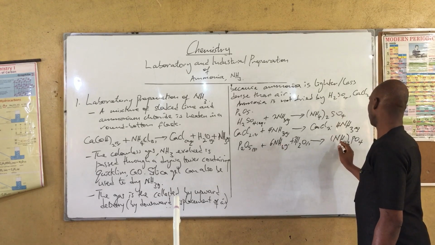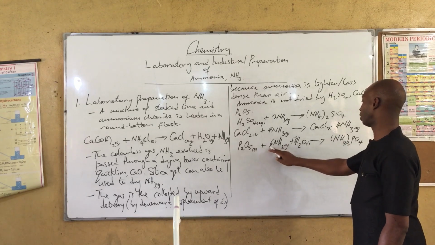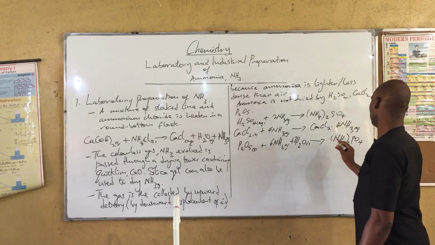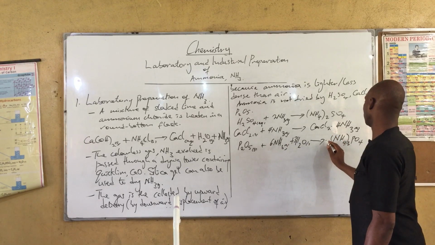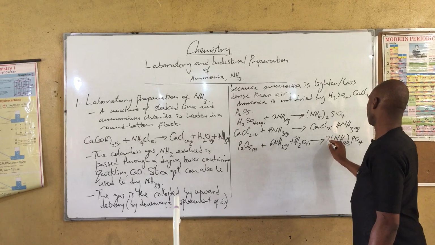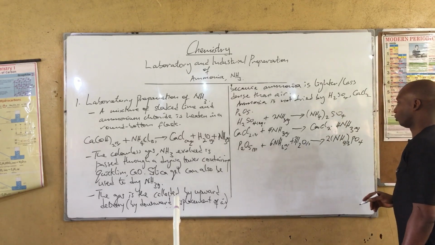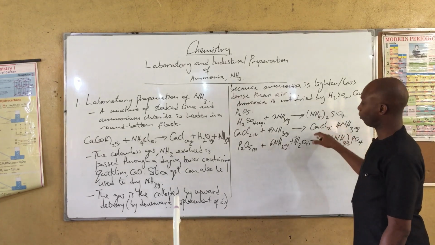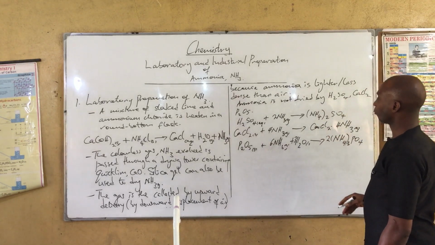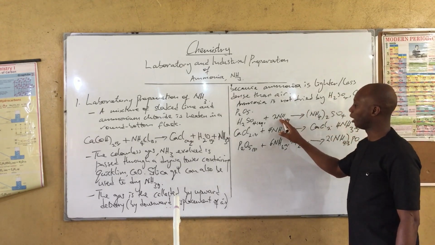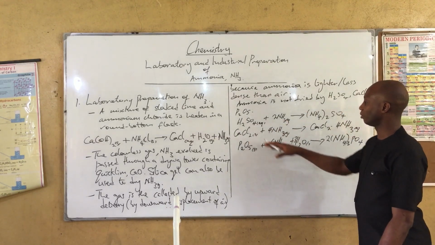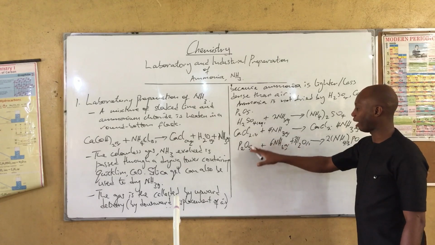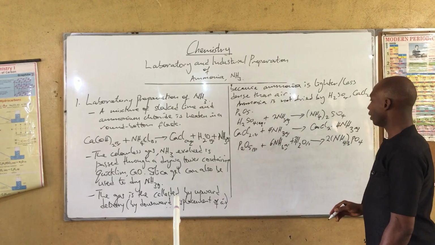Nitrogen 3 times 6, 18, so nitrogen 6. So you have this product. So it's not advisable to dry ammonia with tetraoxosulfate six, calcium chloride, and phosphorus five oxide.